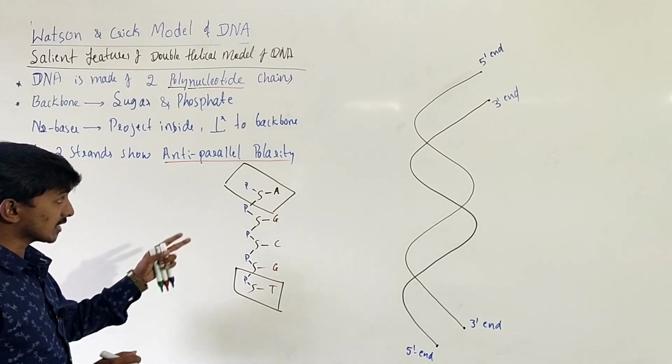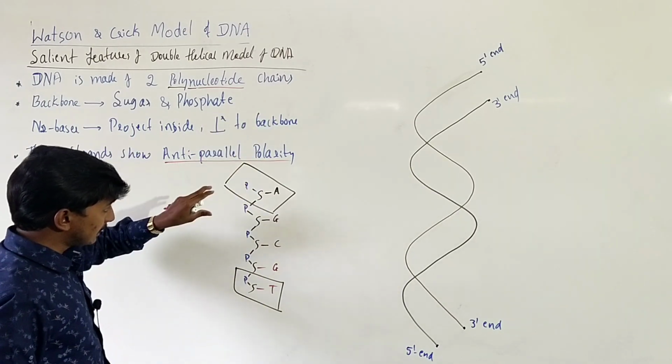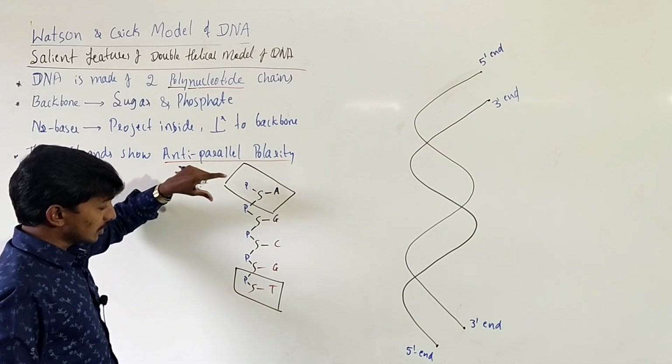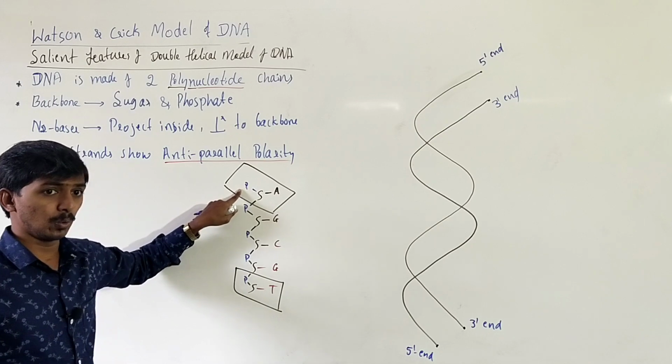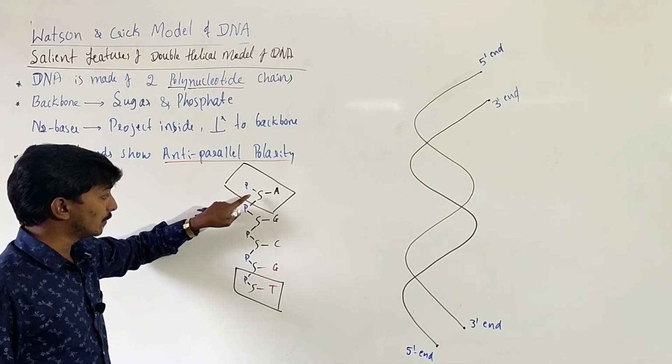We need to discuss the ends. In this end, this nucleotide has a free phosphate group at the 5th carbon.